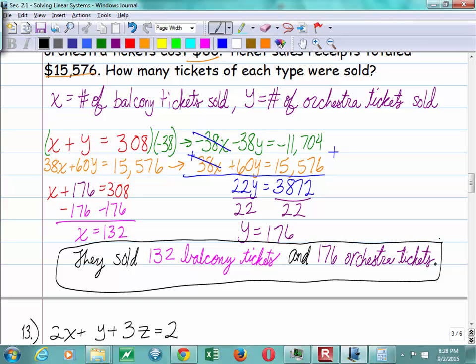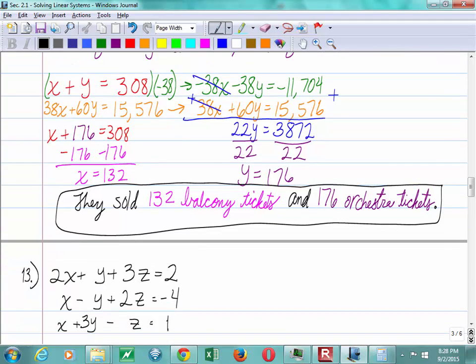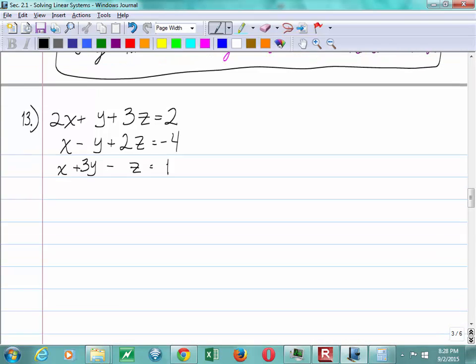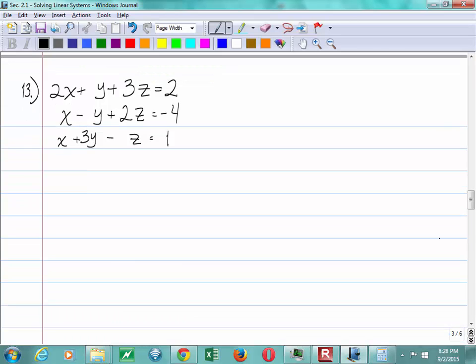Okay. So next, we're going to move on to solving systems of 3 equations with 3 variables. Okay, so to do this, we want to think about trying to reduce this down to a 2-variable system.